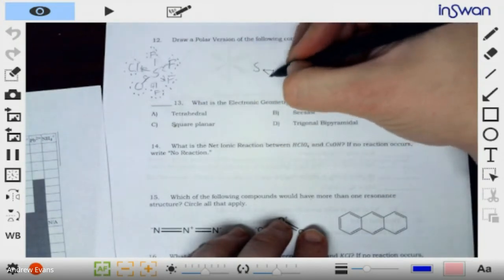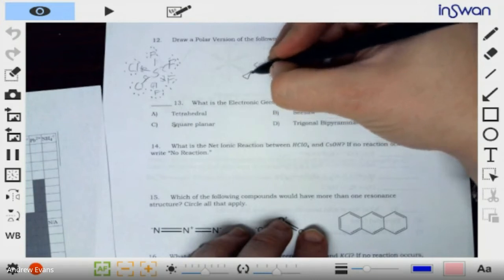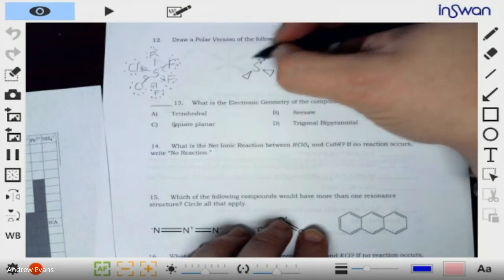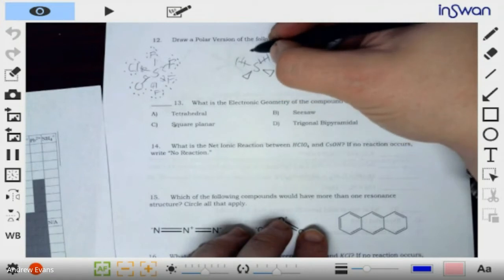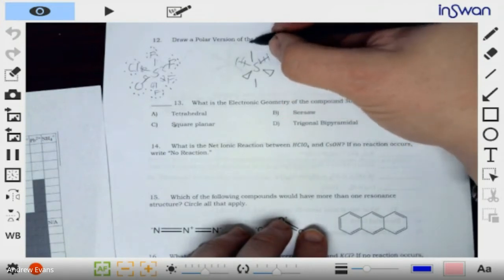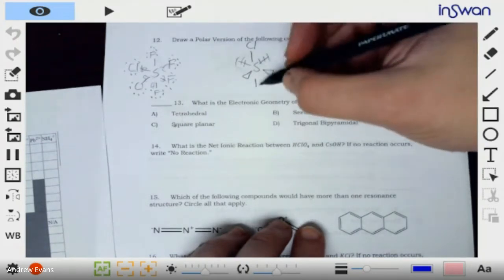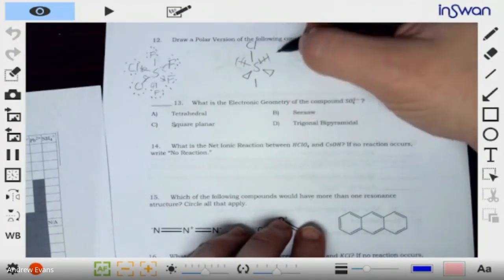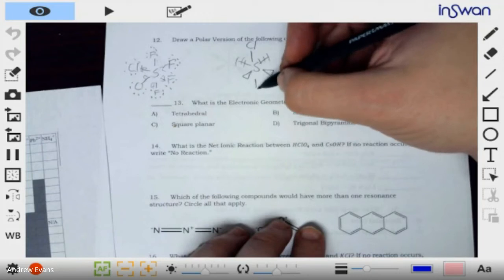6 electron domains means this is octahedral. The base octahedral shape includes wedges and dashes. Now, if I were to put chloride up here, there's only one place for the other chloride, and if you get this wrong, that would be below.